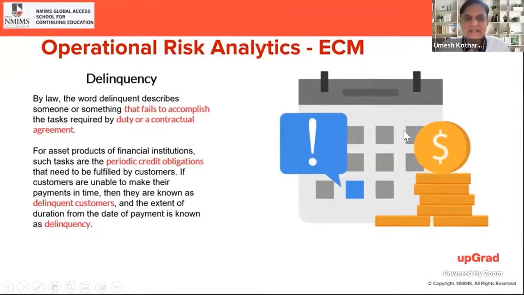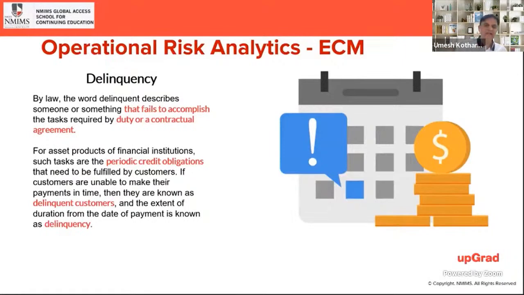So, existing customer management. What does the term delinquency mean? Delinquency means if a customer is supposed to pay their bills today, and they don't make that payment today, but they make it tomorrow, then obviously it's going to be a problem.